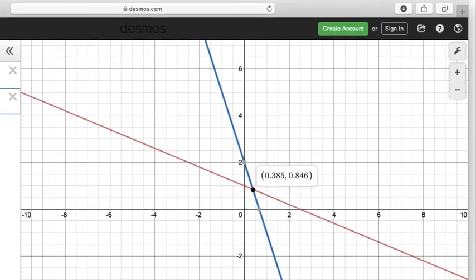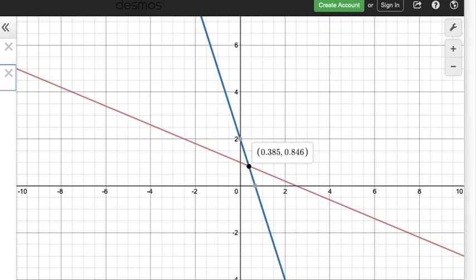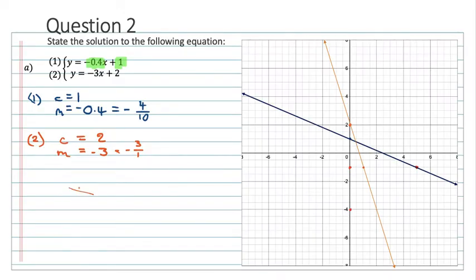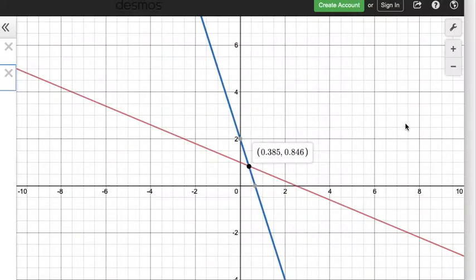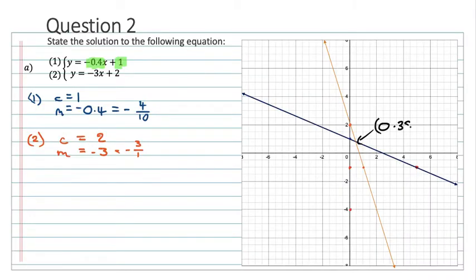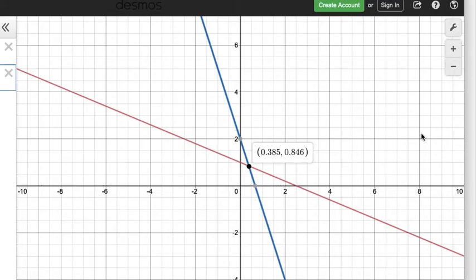So 0.83, 0.885. Where are we? So 0.8385 and 0.846.